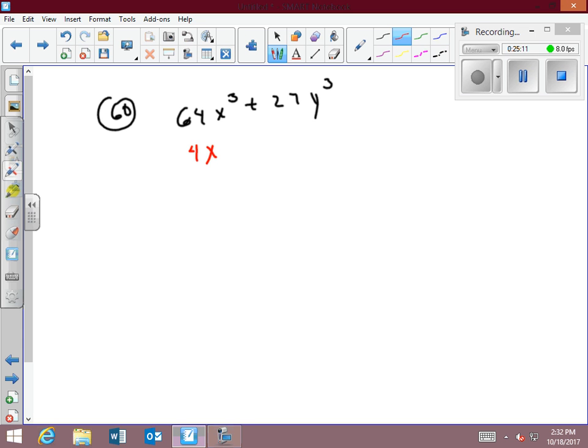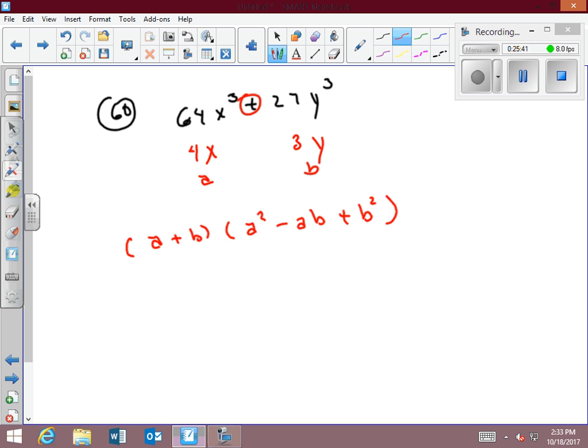Now, 27y cubed, it's a 3y, right? This is the A and this is the B, correct? Now notice that this is a sum, so how is it going to factor? You just go to your algorithm sheet. A plus B, and then it's going to be A squared minus AB plus B squared.